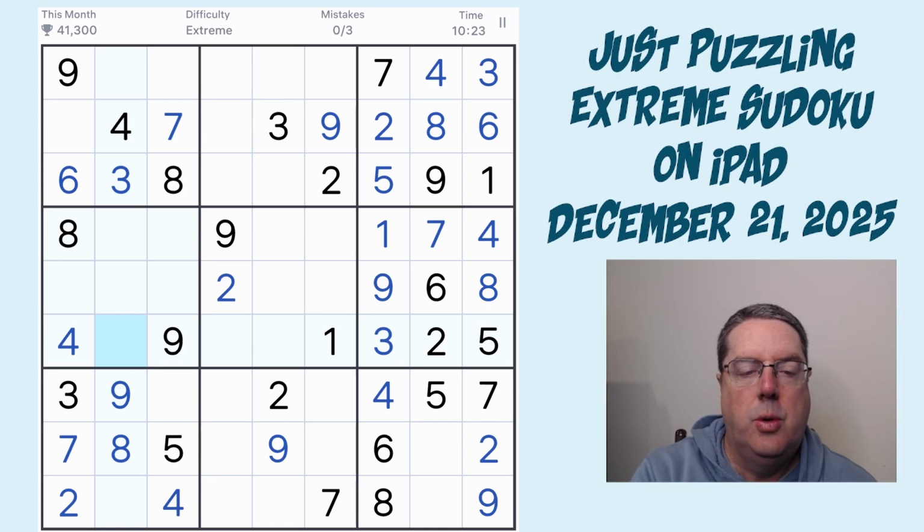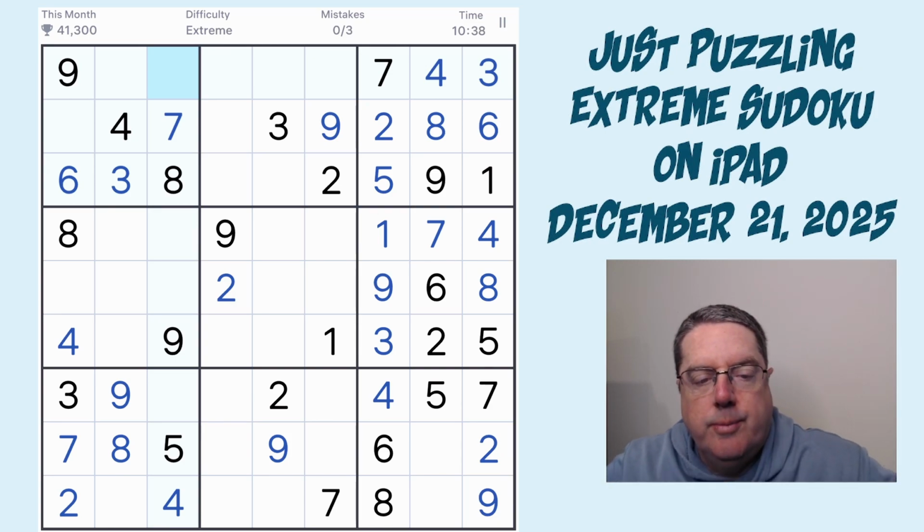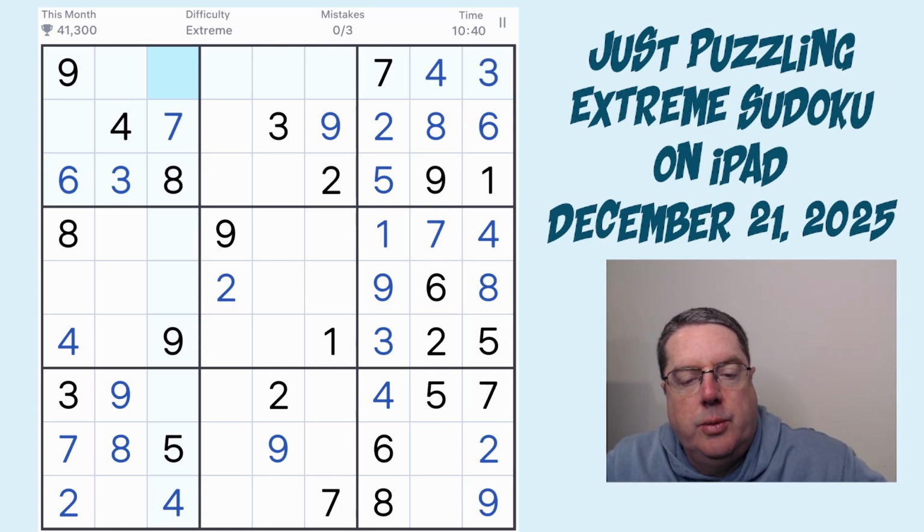So 2 is one of these two. 5, 1, 5, 2. So 2 is there, 2's there.